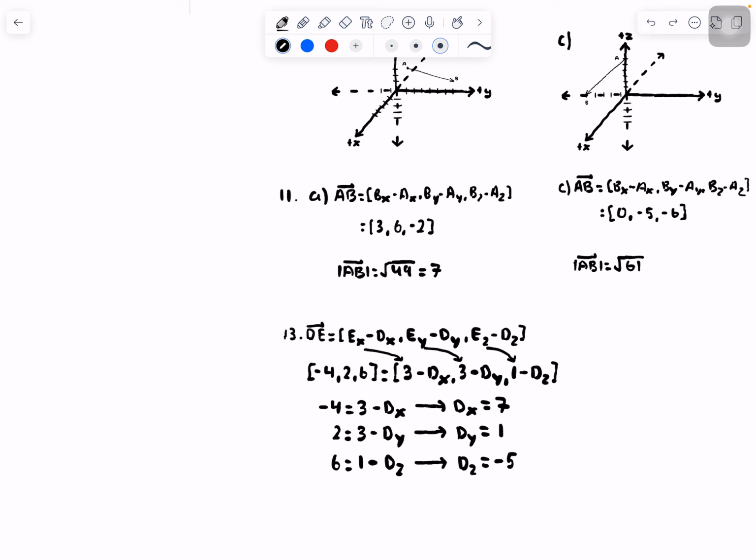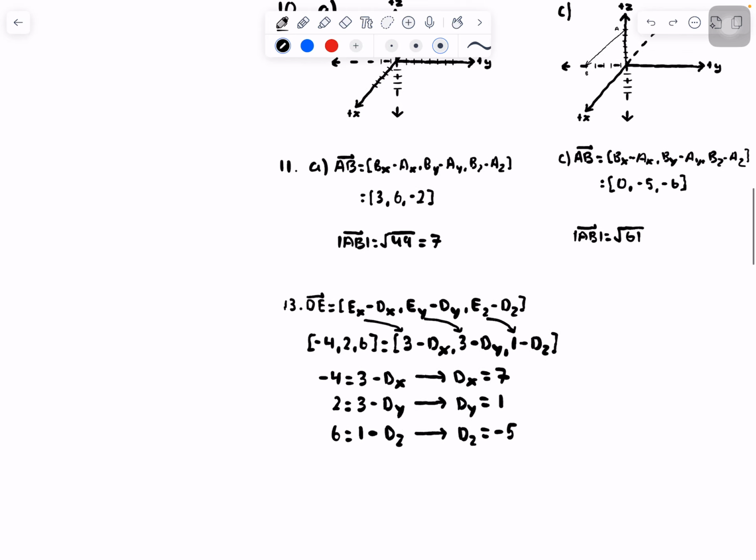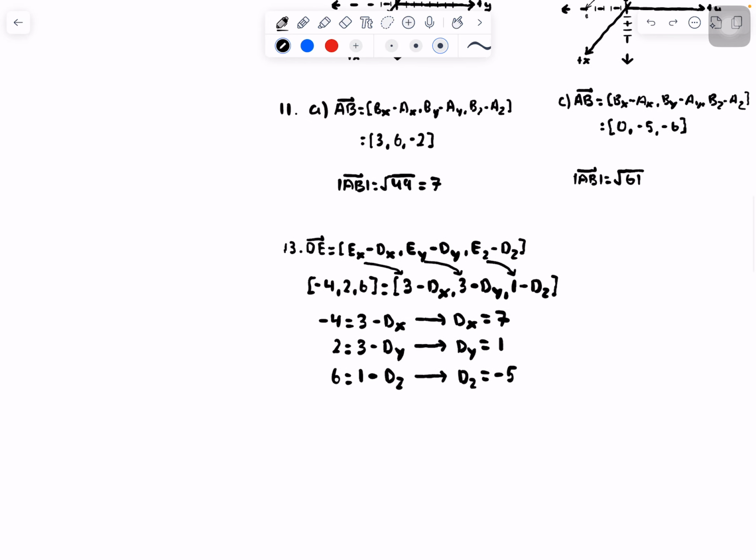And then solving each equation, dx is 7, dy is 1, and dz is -5. And that gives me the coordinates of the point D, which I could write down. It's (7, 1, -5). Beautiful.